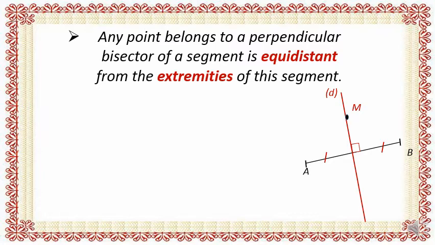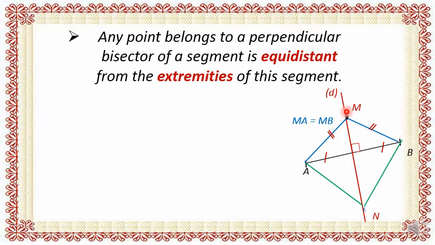Take any point M, join MA and MB. We are going to notice that MA is equal to MB. M is at equal distance from the extremities, which are A and B. At equal distance means equidistant. MA is equal to MB.